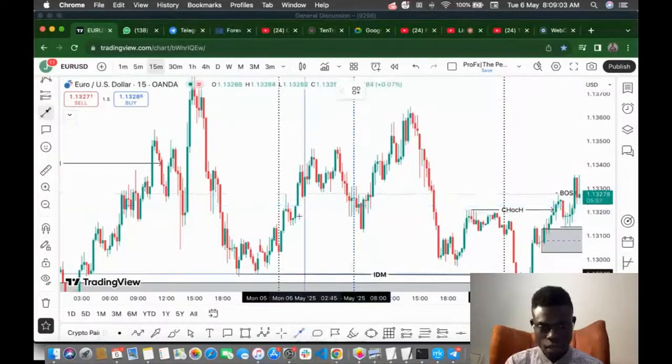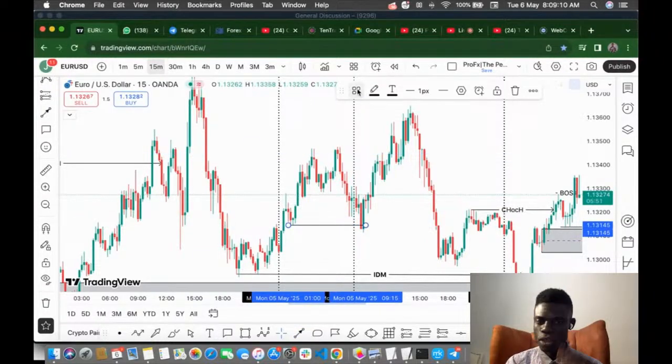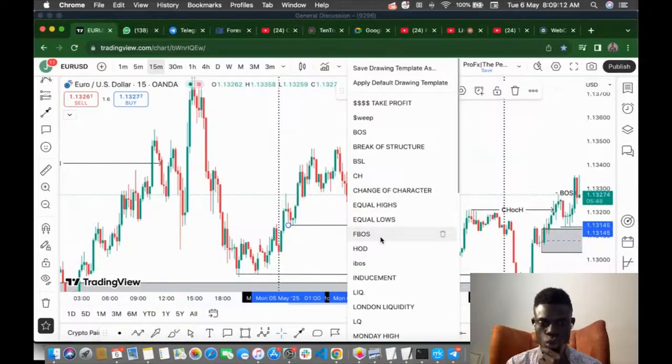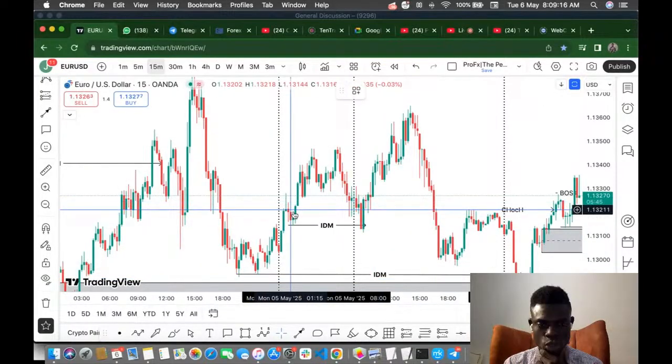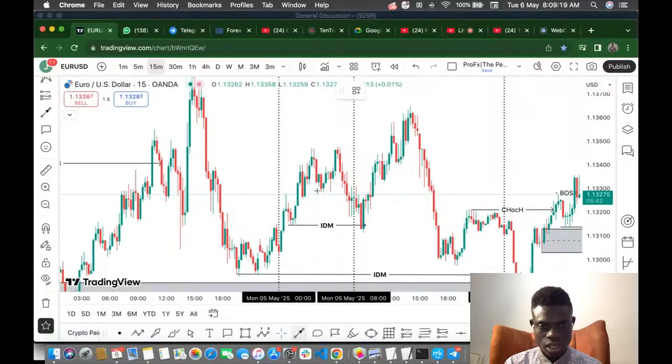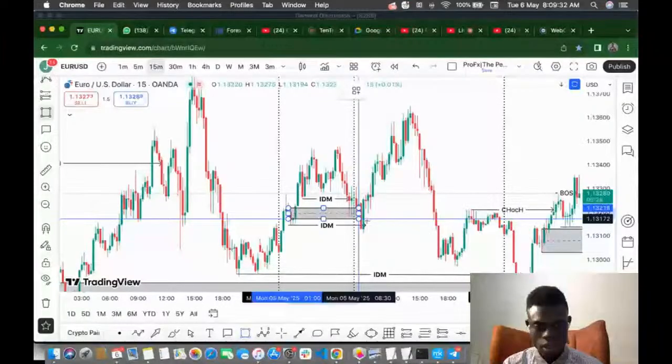There was an inducement of this order block, and the next candle gave the confirmation. So look at it here. This was meant to hold because of this inducement here, to hold for the buy. Yeah, this guy was meant to hold.